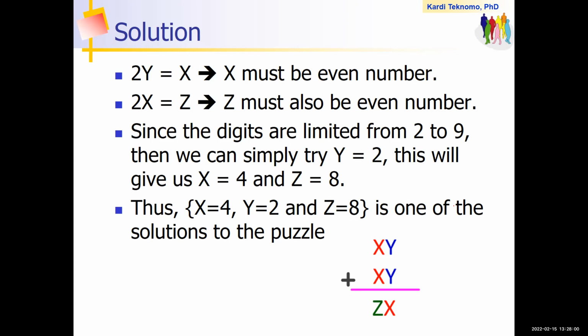For example, what happens if I try y equal 2? If y equals 2, x will become 4, and then z will become 8. So x equals 4, y equals 2, and z equals 8 is one of the solutions. So the solution is not necessarily unique.